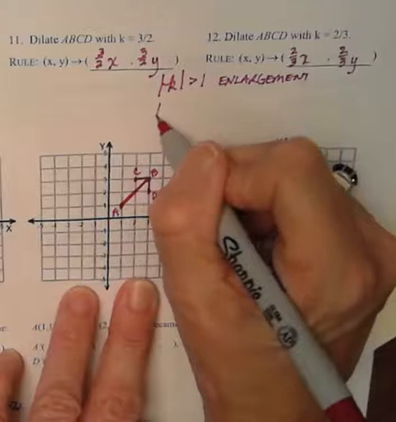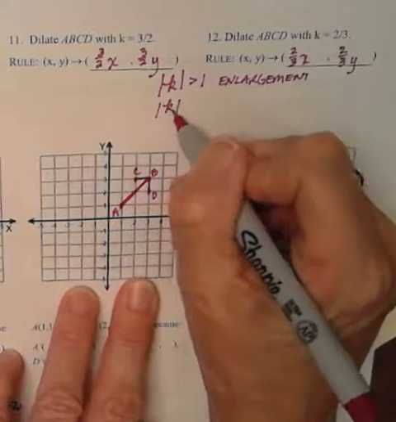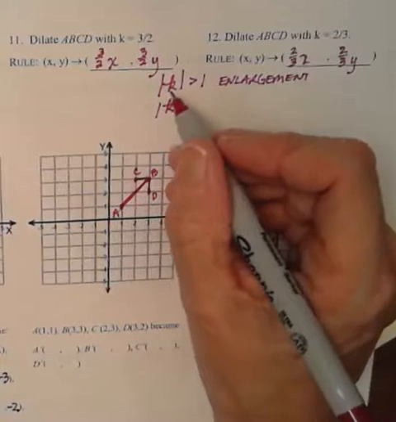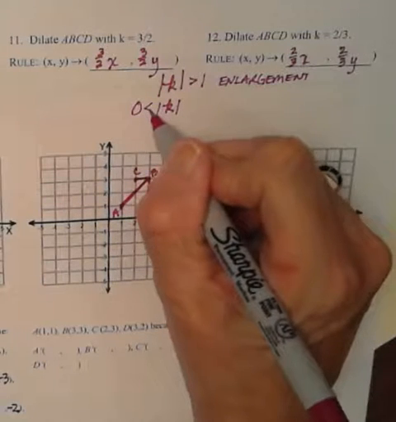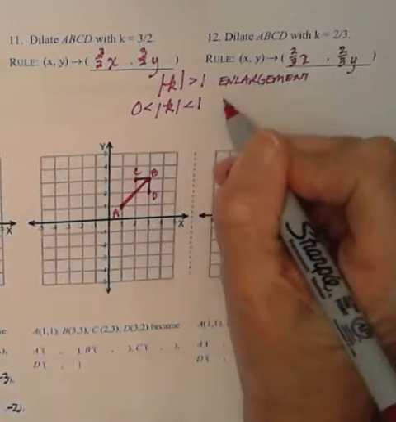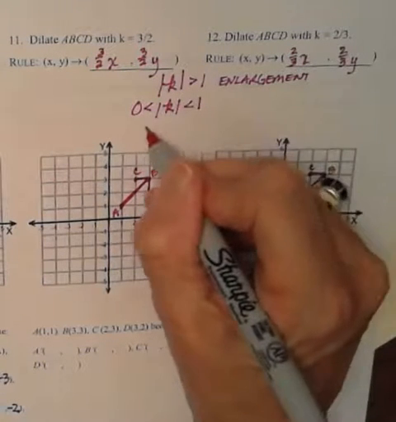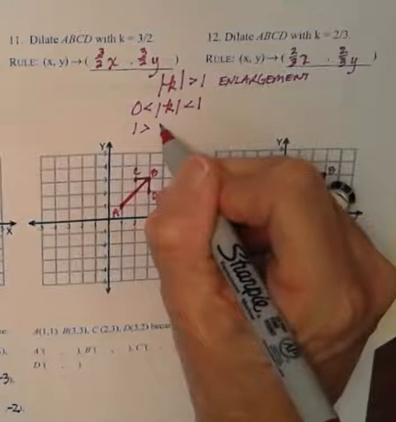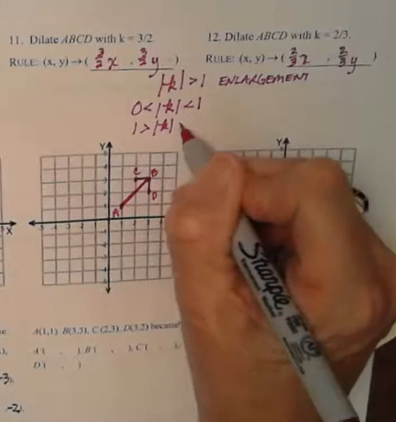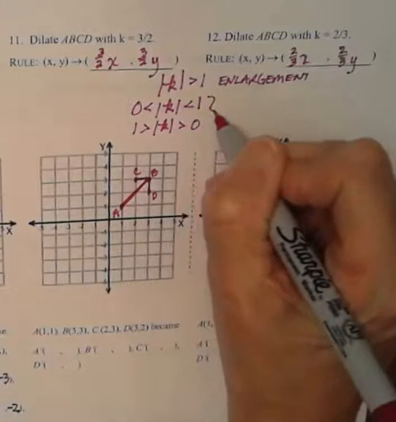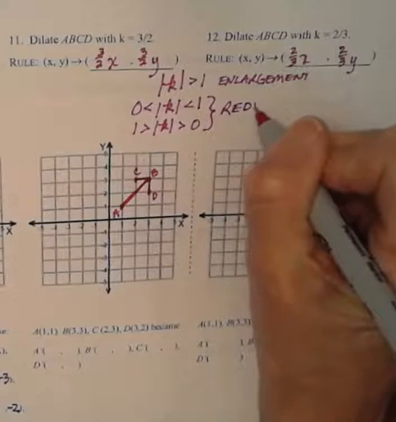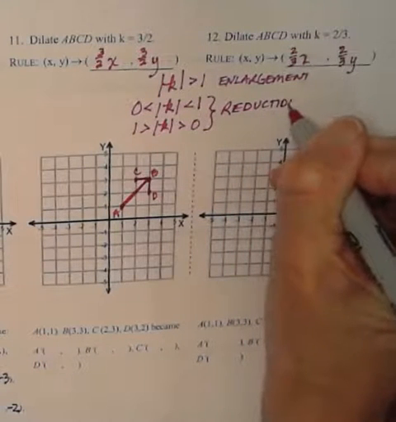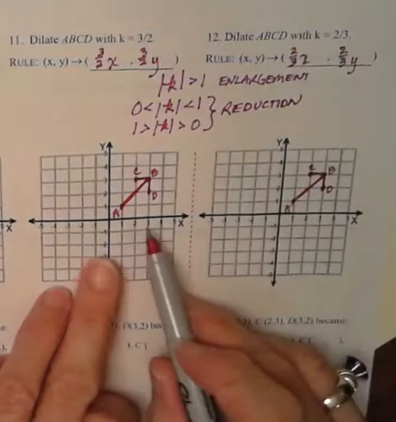But if the absolute value of k is between 0 and 1, so you could say 0 is less than k, which is less than 1, or you could say 1 is greater than the absolute value of k, which is greater than 0, these two things mean the same thing, and they both mean you'll be creating something that's smaller, or a reduction.